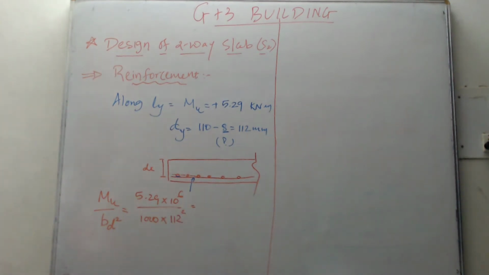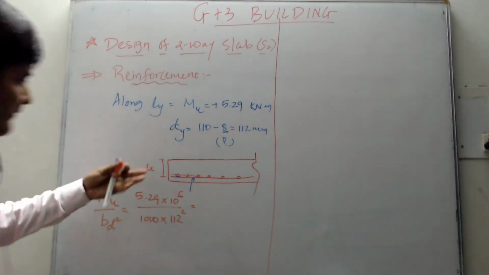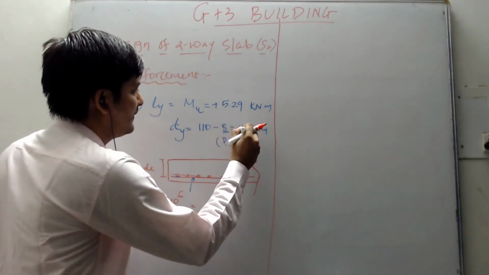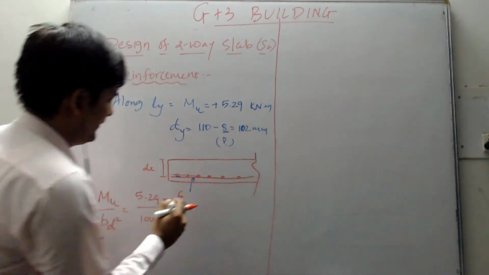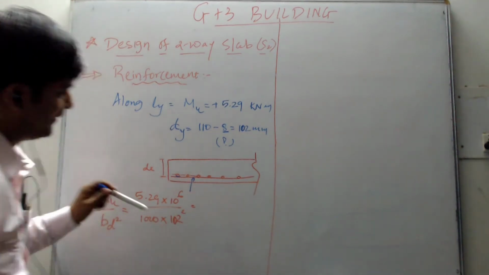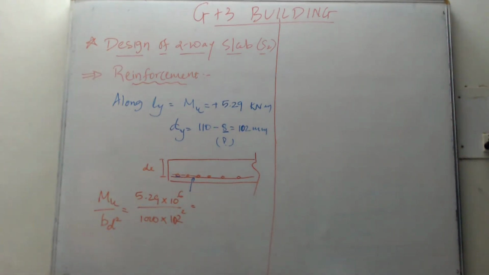If you calculate this, you will get, okay, it is not 112, sorry, my mistake, it is 102 square. If you put the values, I am getting my answer as 0.508.